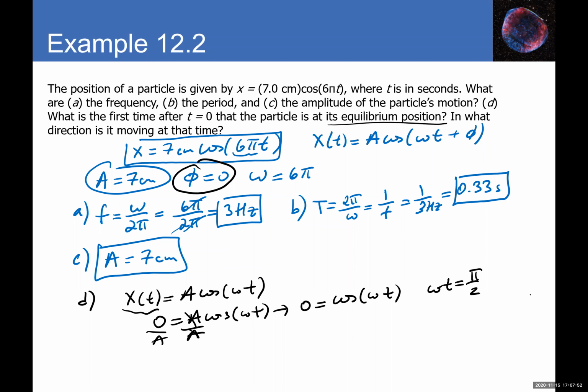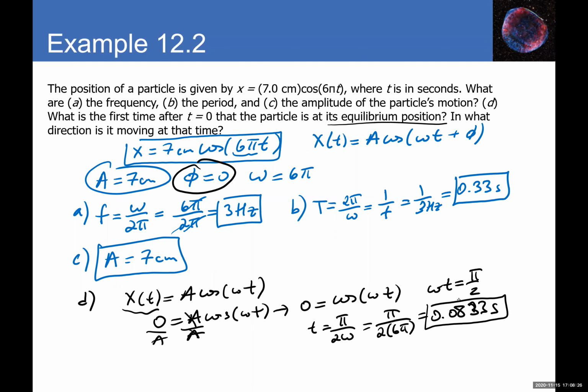Which means then t is equal to pi over 2 omega. So I just plug in pi over 2 times 6 pi, do this calculation, and we get 0.0833 seconds. That means it takes 0.0833 seconds for it to reach the equilibrium position the first time.